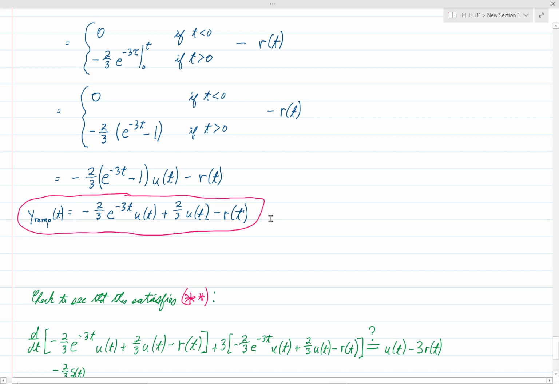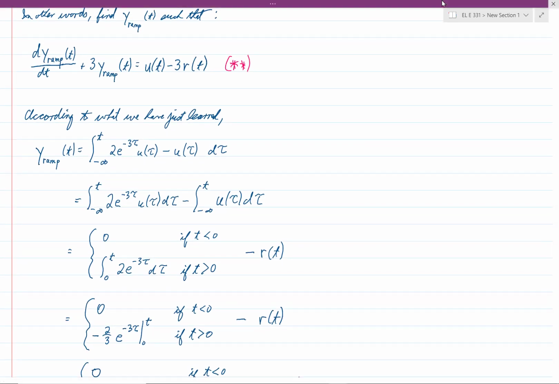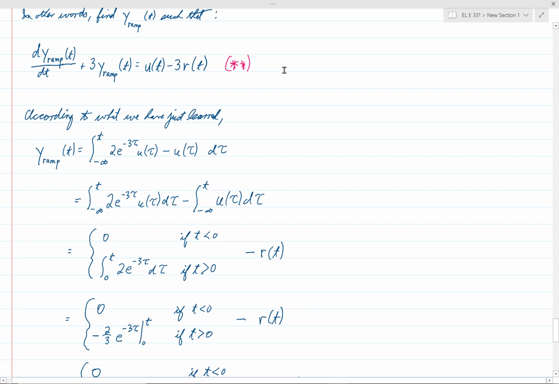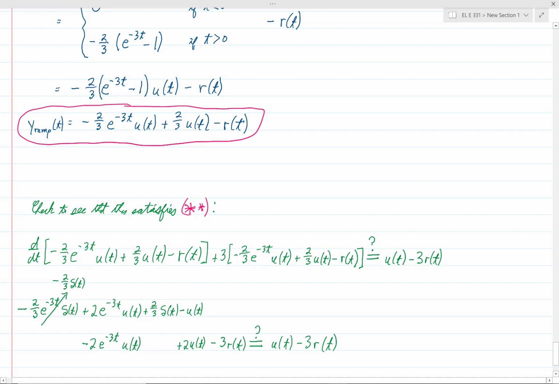And if you wish to check that, then you will just plug that back into this equation with the 2 stars right there. And that's what I've done down here. And again, it really doesn't take too much effort to turn the crank and verify.